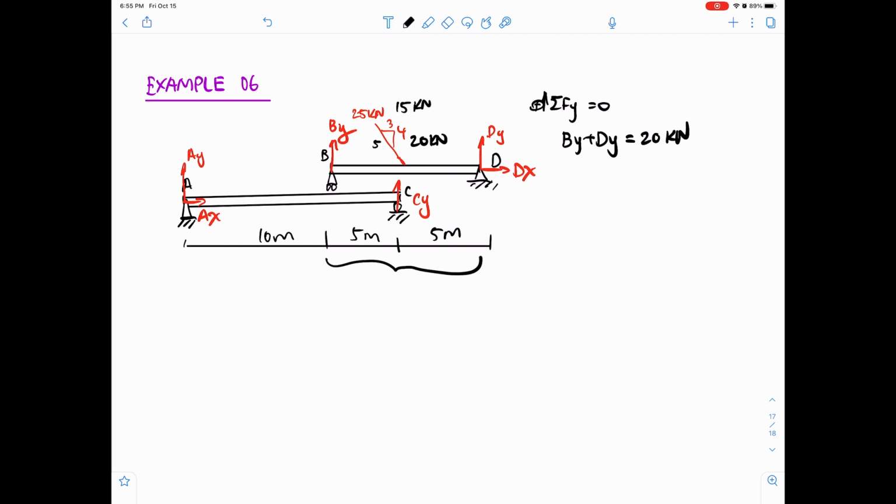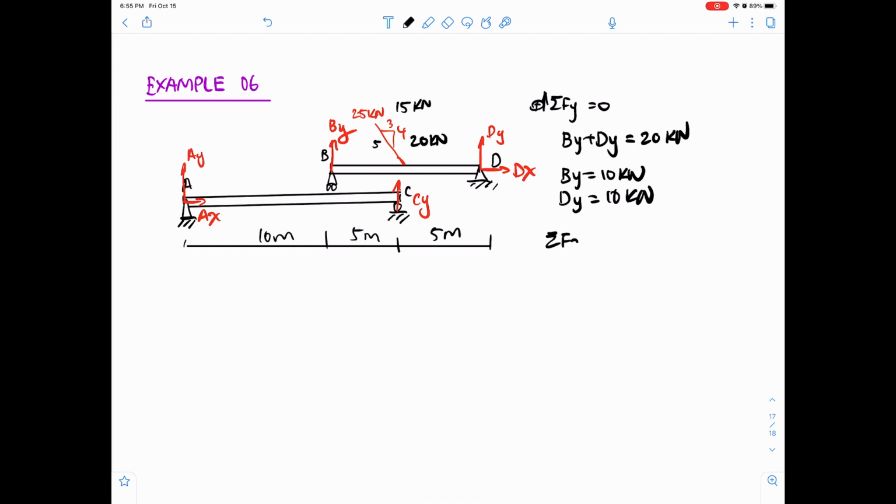When it's non-symmetrical, as you will see later, you would need to do a moment balance like what we've been doing so far. So since this is equal, all we need to say is By equals 10 kilonewtons and Dy also equals 10 kilonewtons, and then we can move on.